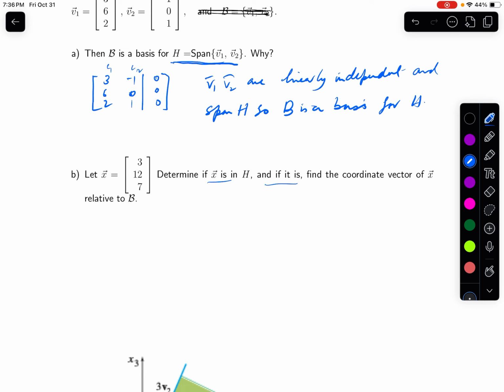So now I can easily use this as a pivot and then reduce the numbers below this pivot to 0. I have to compute negative 3 R1 plus R2 and negative 2 R1 plus R3. Which gives me, the first row is 1, 0, 2.